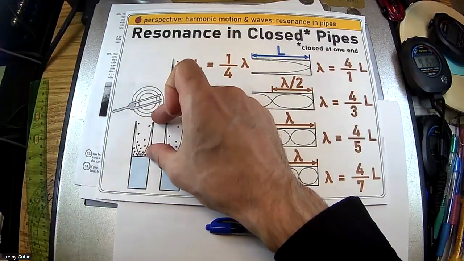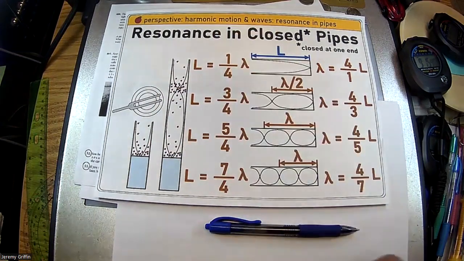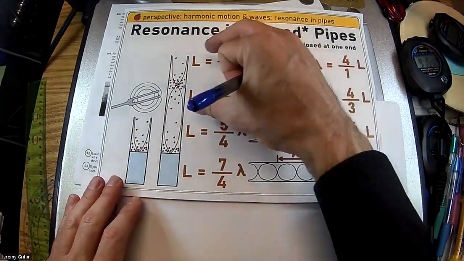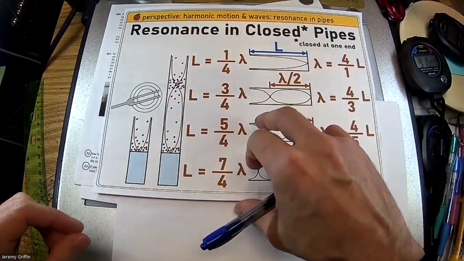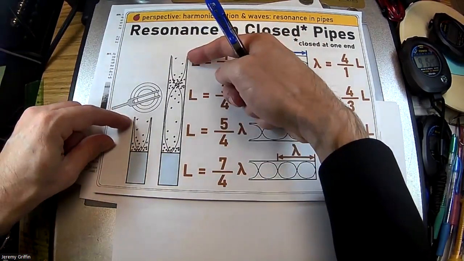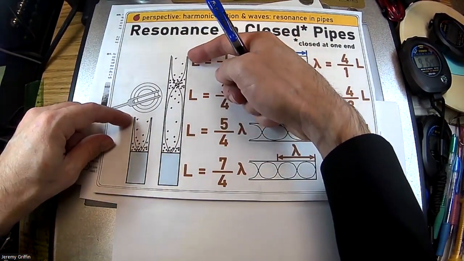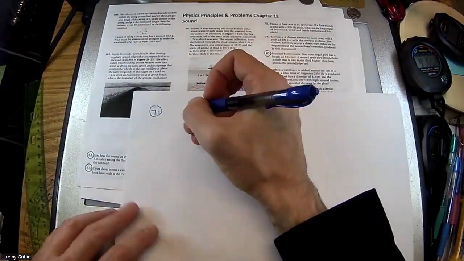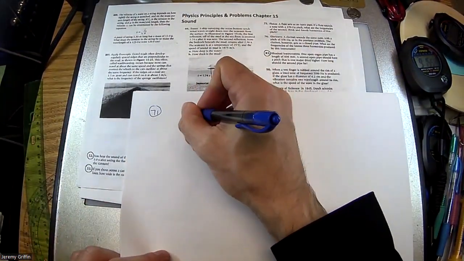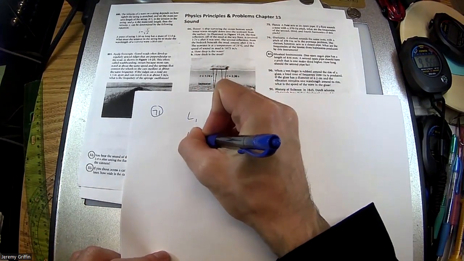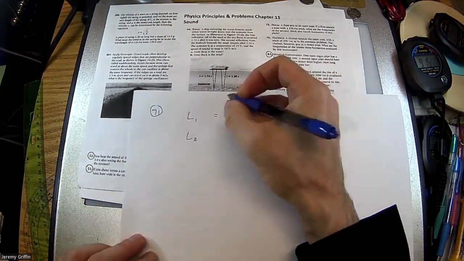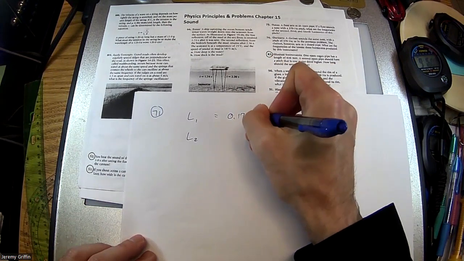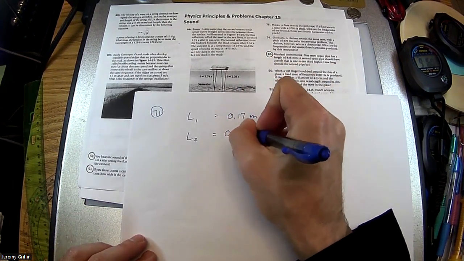So approximately a quarter wavelength, approximately 3/4 wavelength. Those aren't exact, but if you take the difference, that should be really close to exactly half a wavelength, because the low pressure point is actually a little bit above the pipe, so that aside. I'm going to say L1 and L2 are 0.17 meters and 0.49 meters.